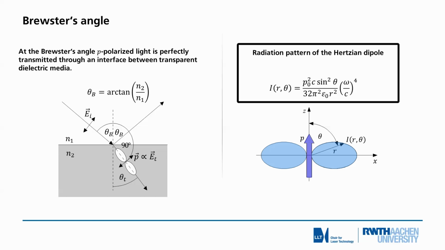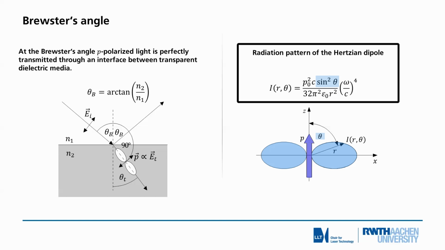So if you look at the formula, you see it depends on the square of the angle under which the radiation is emitted. So here's a sine square of the angle. So at 90 degrees we have a maximum emission. Sine of 90 is 1. So perpendicular to the direction of motion of the electrons we will have the maximum emission.